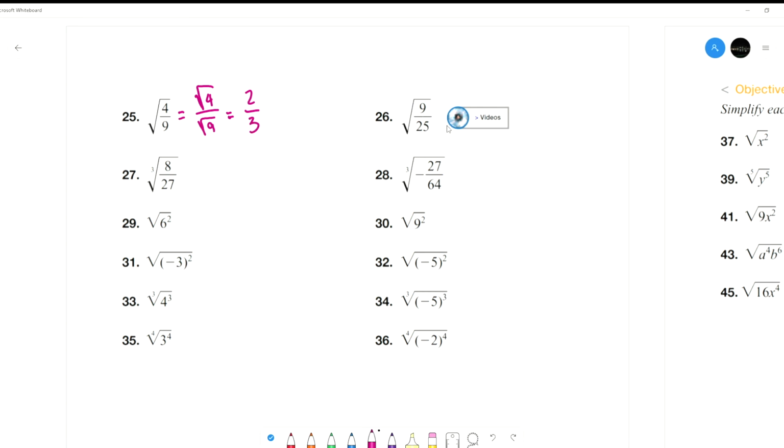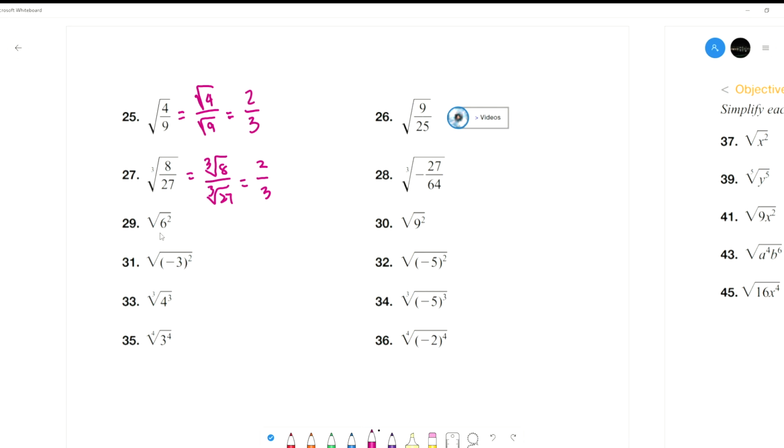So if we look at this next one here, we'll just do the odd ones, and then I want you to try the evens. What is the cube root of 8 over 27? So you take the cube root of 8 over the cube root of 27. So cube root of 8 is 2, cube root of 27 is 3, right?